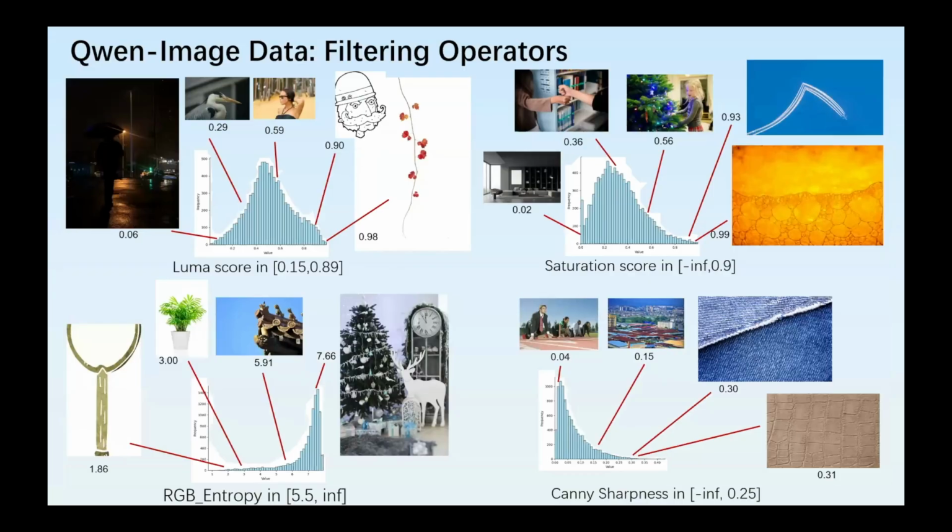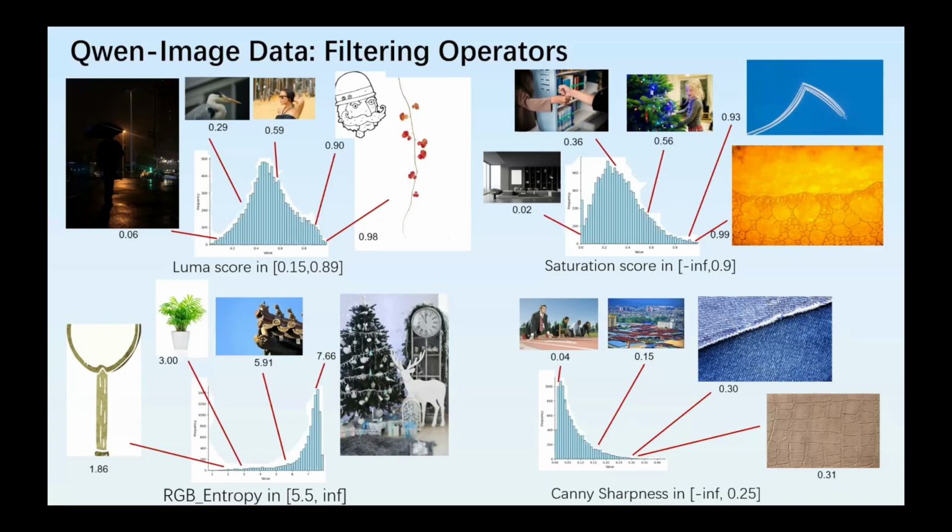Now, let me show you how we filter the data. I'll use four metrics as an example. First, the luma score measures brightness distribution. We keep images with scores between 0.15 and 0.89, filtering out overly dark or washed-out photos like this rainy street scene or overexposed scenes. Second, the saturation score evaluates color richness.